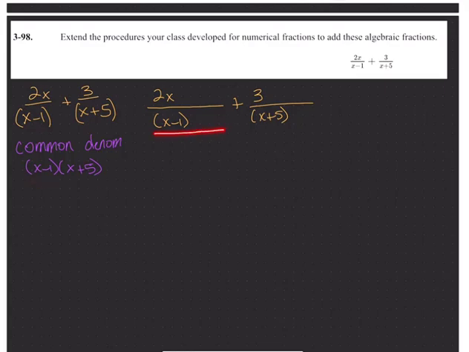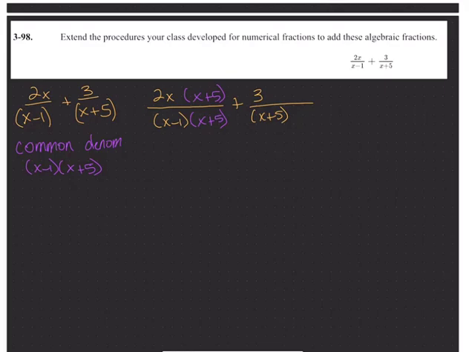So when I look at this one, what am I missing? I'm missing the x plus 5. So I'm going to add it in a different color just to start with. So that's going to be my x plus 5, right? And since I multiplied the bottom by x plus 5, in order to keep this equivalent, I have to multiply the top by the same exact thing. So I have to multiply the top by x plus 5. Okay?